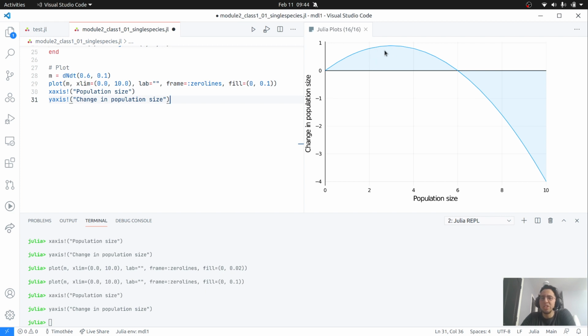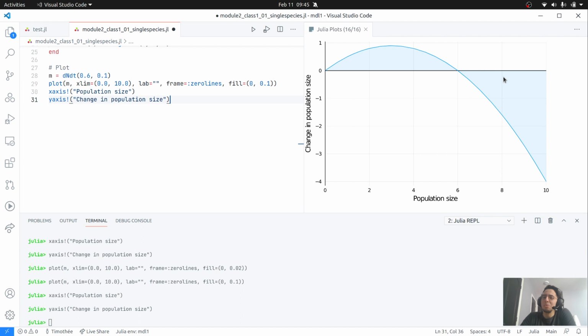So it's going to shift and shift and shift and shift up until the point where it stops shifting, because we reach a population size of 6. It's specifically 6 here, and you can work out why that is 6 based on the model, but we're not doing the mathematics here. We don't really care. We're just going to accept that it's 6. And then the growth rate is going to be 0. It means that whenever the population is exactly at this point, it is going to stop moving.